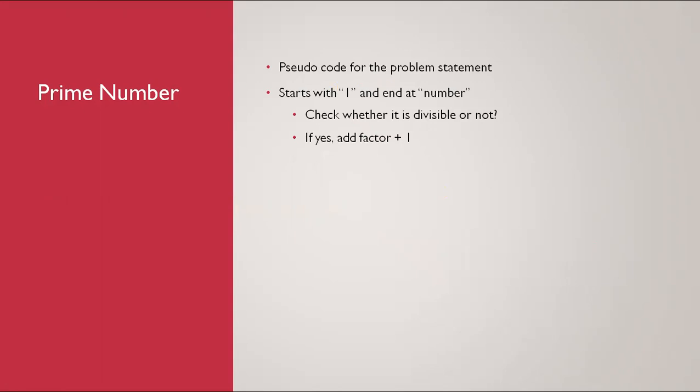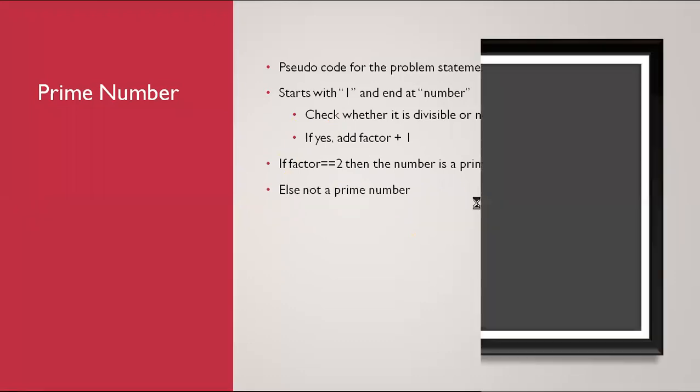Initially the factor value is 0, and every time we find a number which is divisible and leaves a remainder 0, we add 1 to factor, right? After coming out of this iteration, if factor equals 2, then it is a prime number, else it's not a prime number, right?